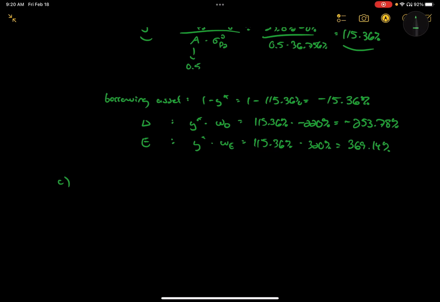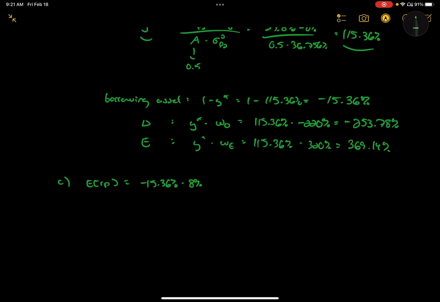Well, this one is pretty straightforward. Compute the expected return and standard deviation of that portfolio. So I'll save the calculation for you, but I'm just going to write down the answer. So we get basically minus 15% times borrowing.